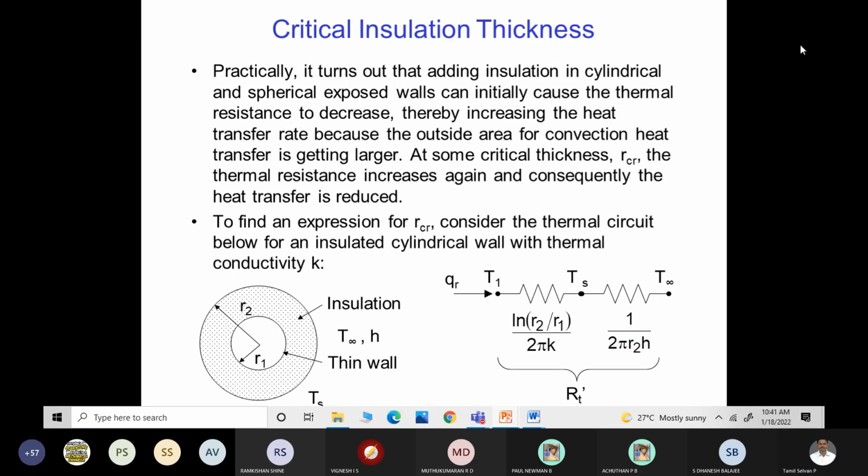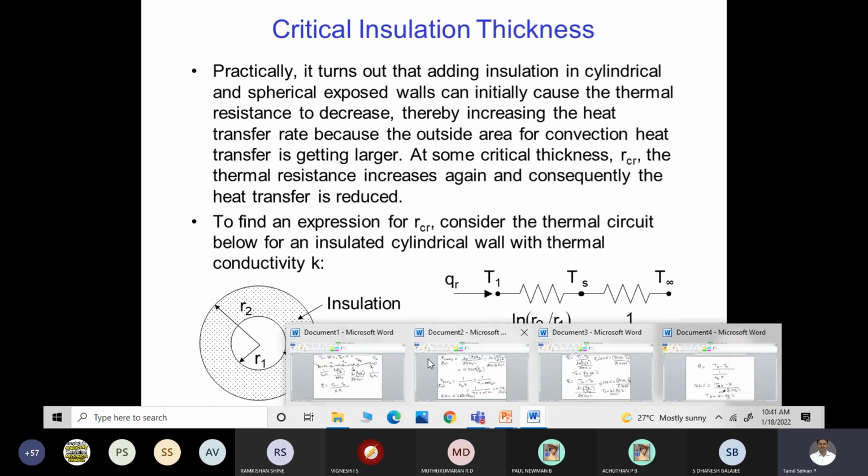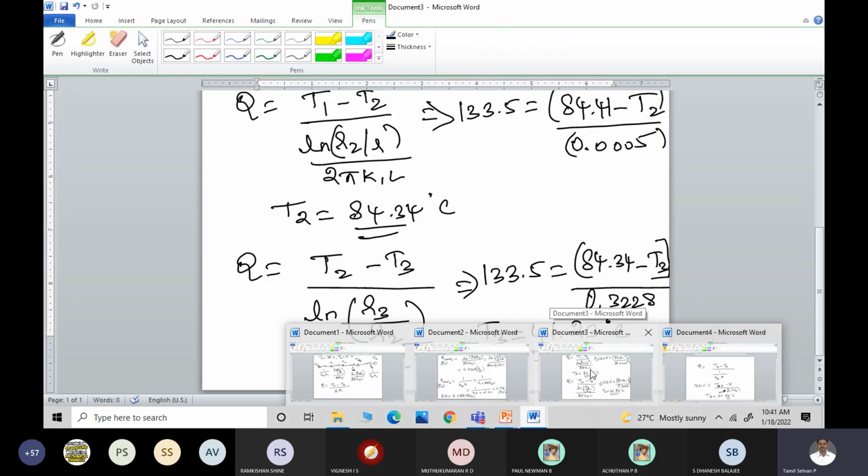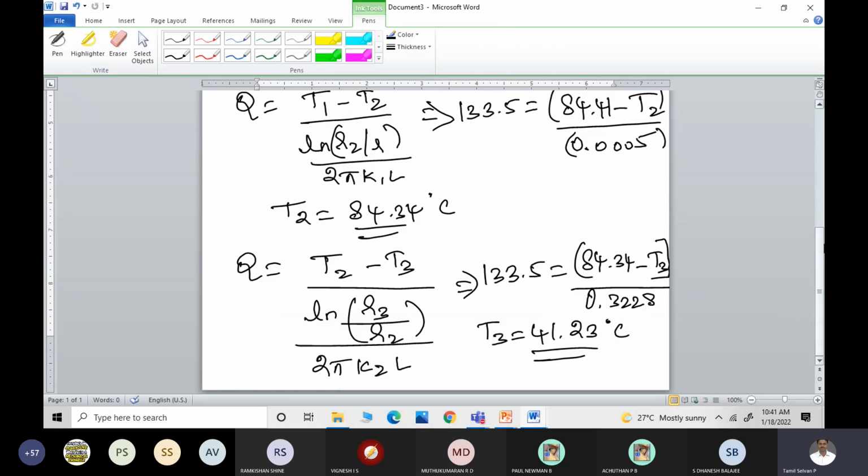Now, see what happens is in the previous problem we solved one numerical where if we add insulating material, the thermal conductivity value reduces. Sorry, the heat transfer to the outside reduces when we have an insulating material with lesser thermal conductivity value.